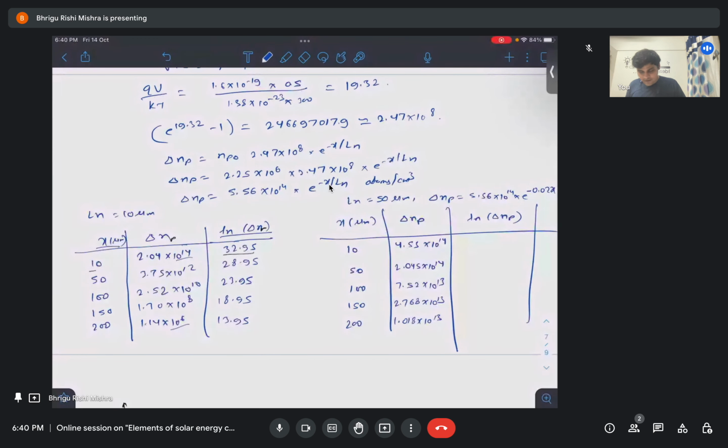So now we calculate the logarithm of this. So ln of 4.55 into 10 to the power 14 is 33.75.